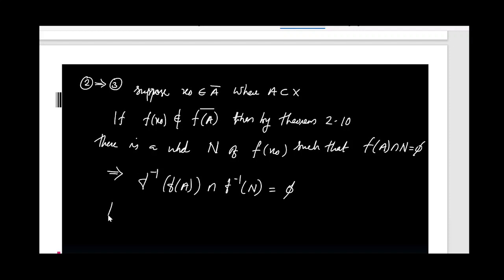Hence, A is contained in f inverse of f of A. So I have used two types of f. You should understand both are the same. This f and this f are the same. I unknowingly used a different f. Okay, let me correct it.